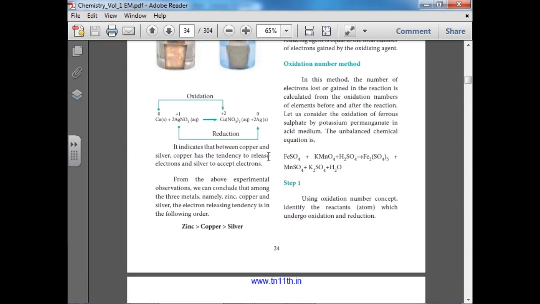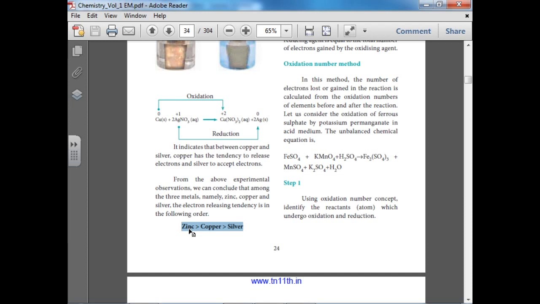It indicates that between the copper and the silver, copper has the tendency to release the electron and the silver accepts the electrons. From the above experimental observations, we can conclude that among the three metals, zinc, copper and silver, the electron releasing tendency is in the following order: zinc is greater than copper, which is greater than silver.